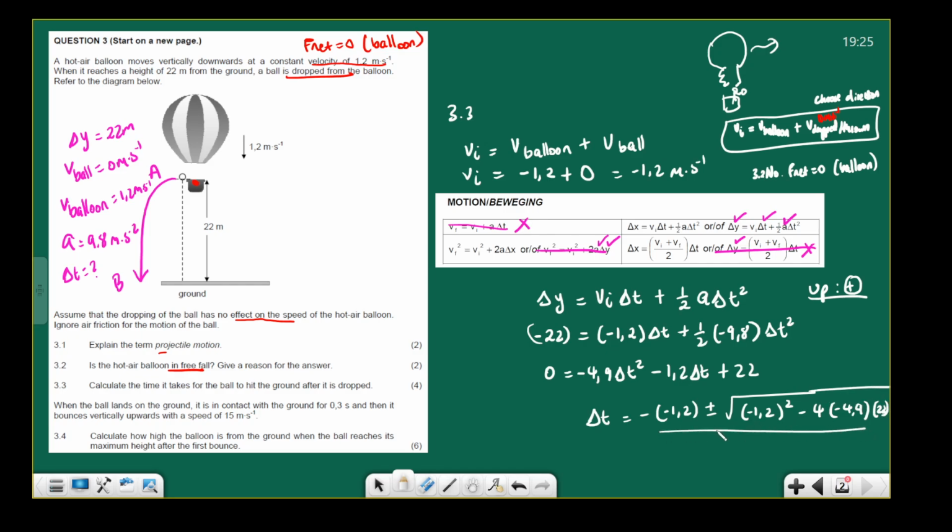Then you will divide that by 2 times that negative 4,9. So our answer would be change in t is equal to 2 seconds. That is a very nice answer there, and that is the correct answer. So it means it took 2 seconds for the ball to reach the ground.